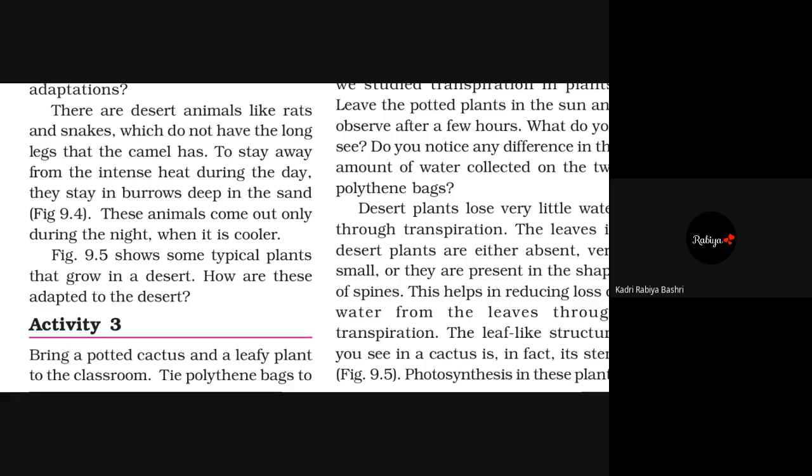So the camel has long legs, so it will stay away from the intense heat during the day. But rats and snakes do not have long legs like the camel. So what happens? They live in burrows deep down in the earth, and they come out only during the night when it is cooler. So they have adapted to the changes.